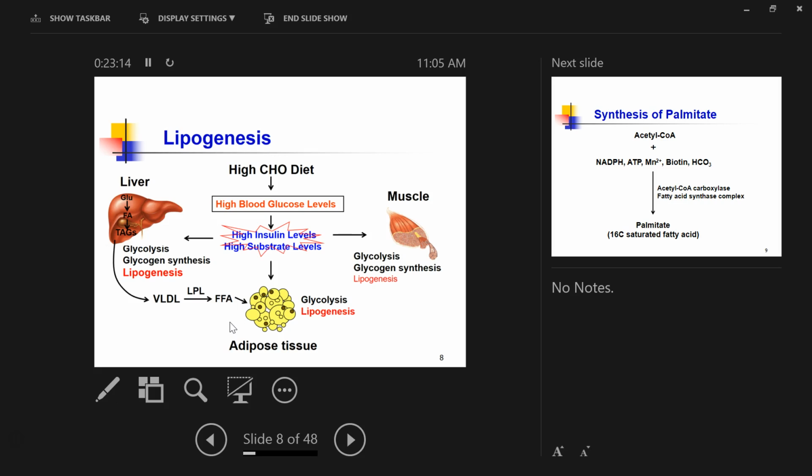So this process involves lipoproteins, VLDL particularly, which is synthesized in the liver. We don't worry about lipoproteins now, but we will talk about them later. So triglyceride is packed into the VLDL lipoprotein and transported to the adipose tissue.